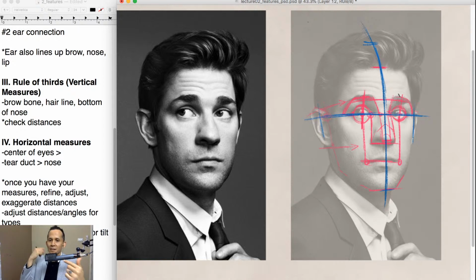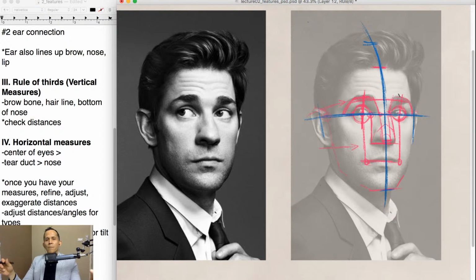Ear connection top, ear connection bottom, crown, boom, boom, boom, boom, boom, boom. I analyze every face. I'm like a computer. I quickly scan and I train my eye to see. I see only these points really. Well, once I see the shape, then I automatically go in and start to plan out where these go.